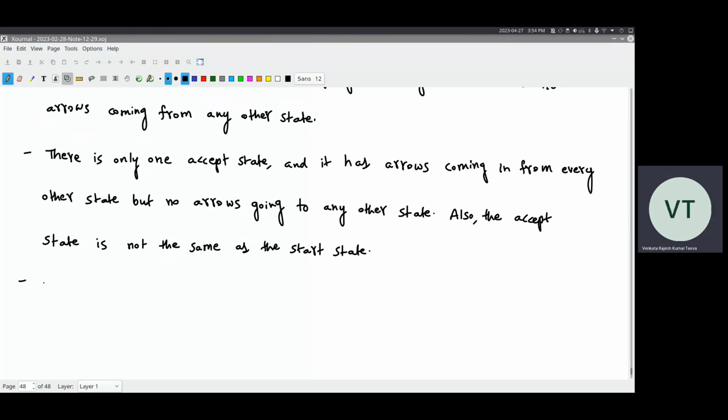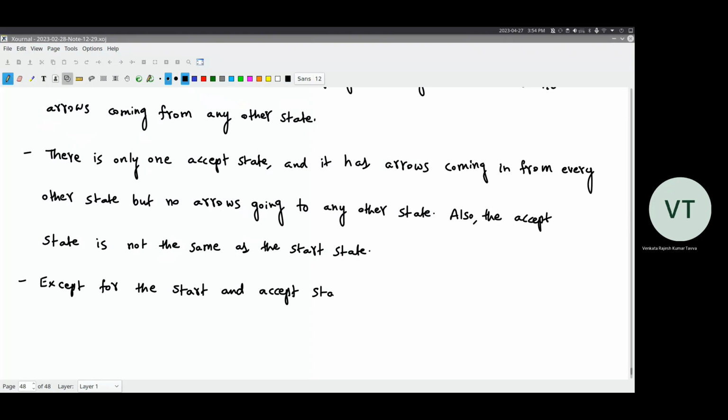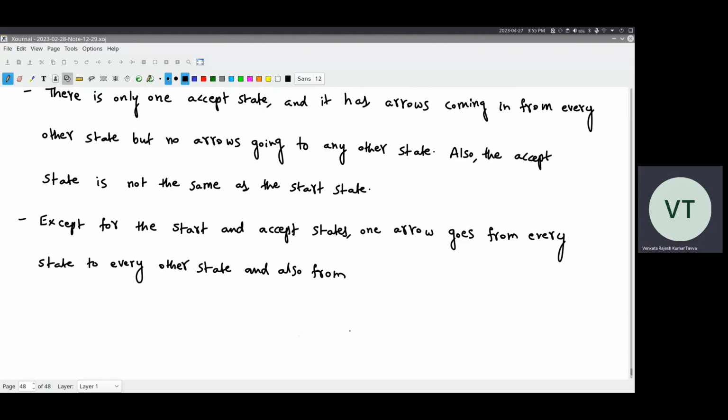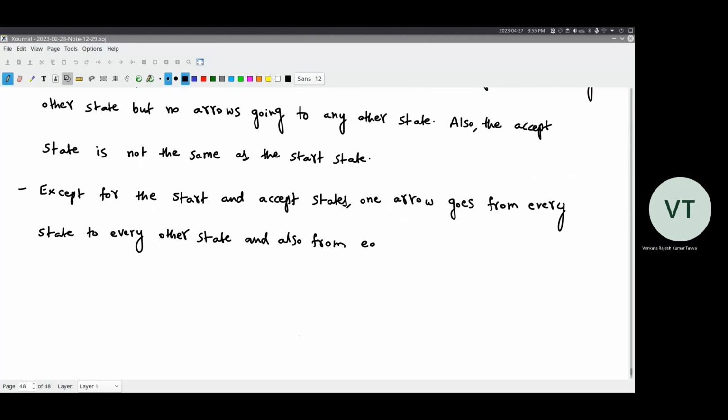And the third and the final condition is, except for the start and accept states, one arrow goes from every state to every other state, and also from each state to itself.